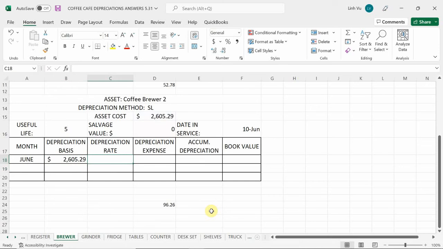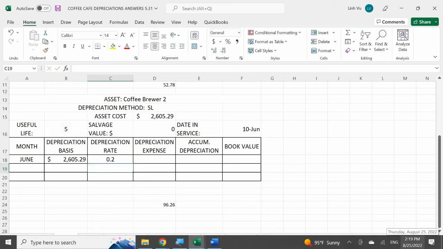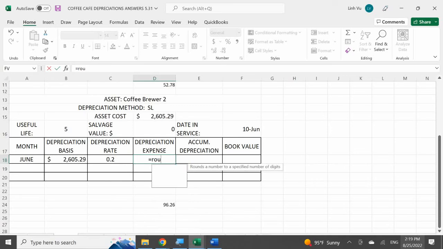Depreciation rate is one over estimated useful life, which is 0.2. So what's my depreciation expense going to be for the month of June?